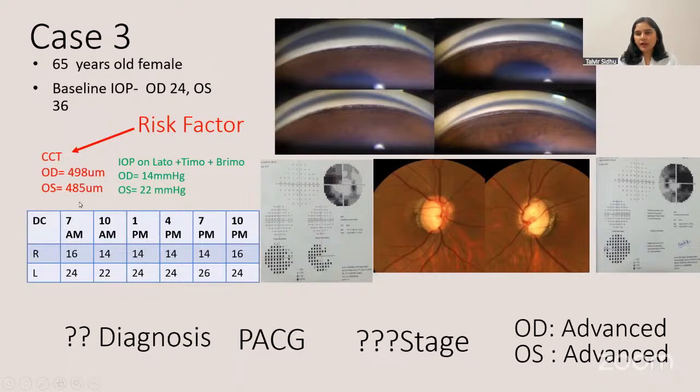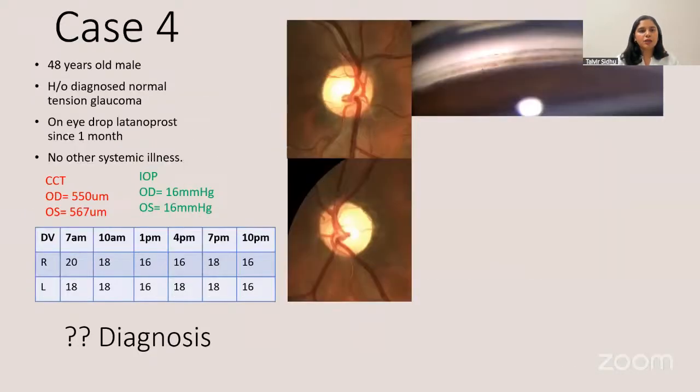So it is a risk factor for progression of glaucoma. Second thing is that on treatment with three drugs also, her IOPs in the left eye are much higher than what they need to be, even after doing a PI. So we might need to think of what in the left eye? A trabeculectomy we might need to think of. So this is how you need to plan your cases.